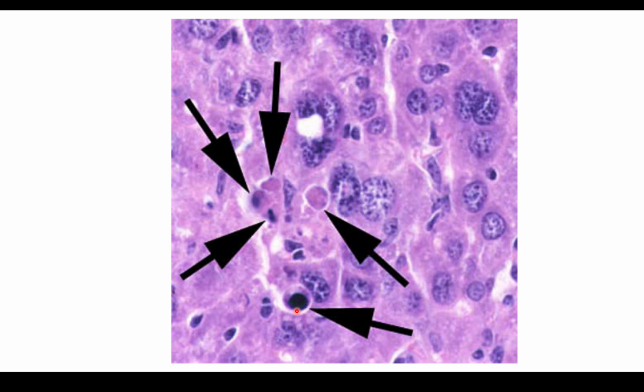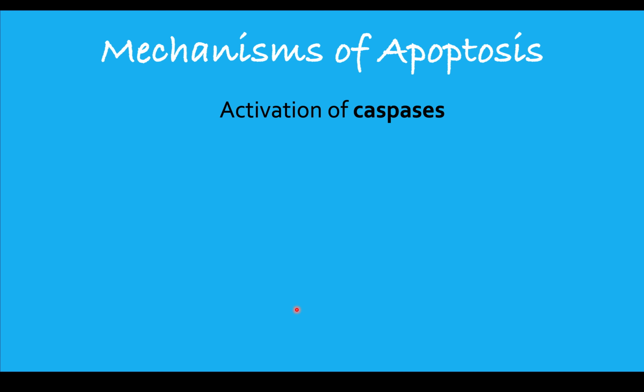Now, what are the mechanisms? How does this actually happen? The main underlying thing in apoptosis is that you are activating those caspases, which we talked about in a previous lecture. So a marker for cells undergoing apoptosis would be the presence of cleaved and activated caspases.